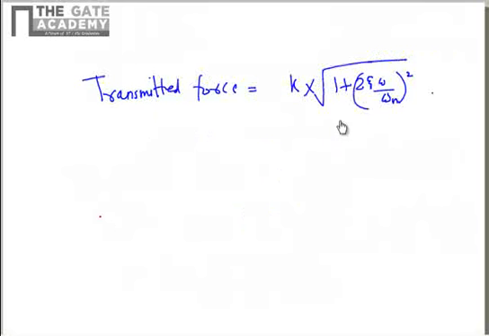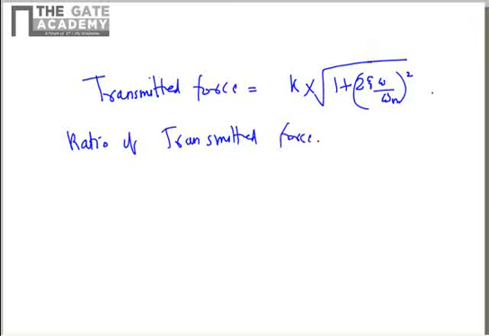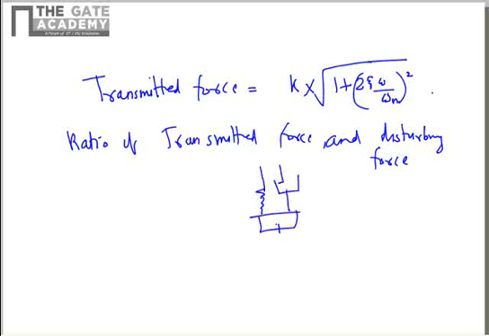And we are interested in the ratio of the transmitted force and the disturbing force. The transmitted force expression is above, and the disturbing force is the force at the mass. So in this system, at the mass, what is the net force? The force on the mass we can get from our equation of magnification factor.